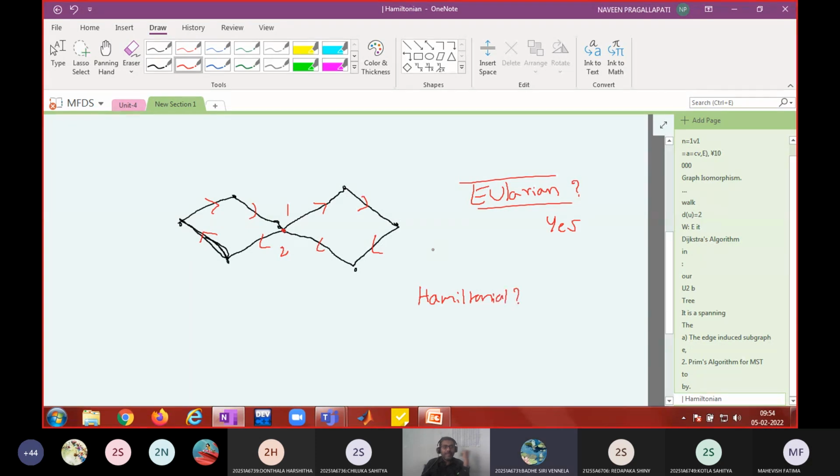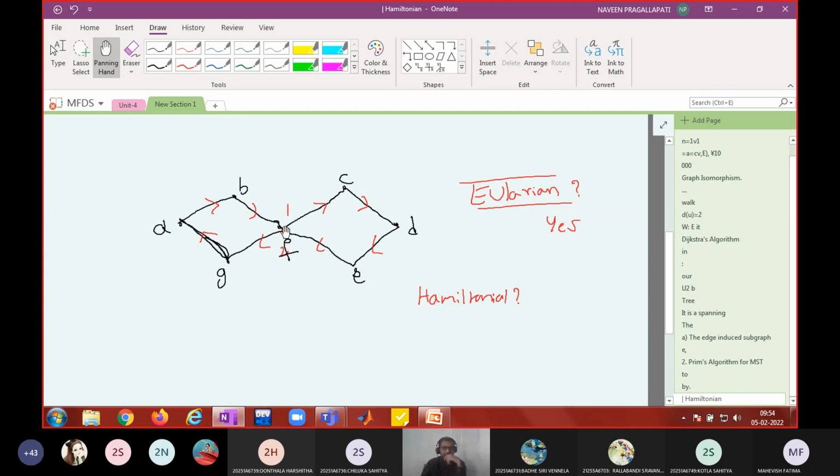Sir, not Hamiltonian. Wherever you start, the one in the middle gets repeated. Yeah, vertex F gets repeated. So wherever you start, if I want to come back to the same vertex, then I have to visit the node F more than one time, right?